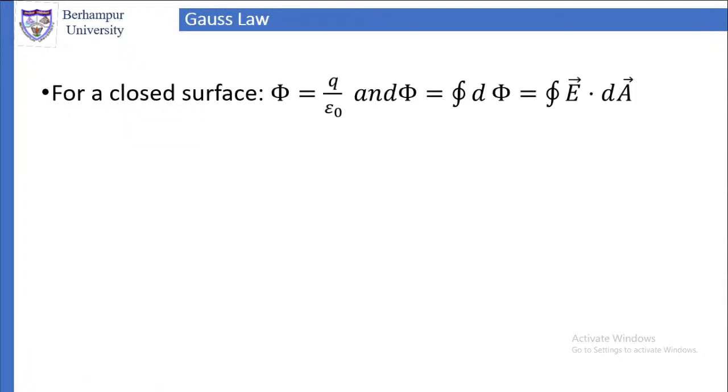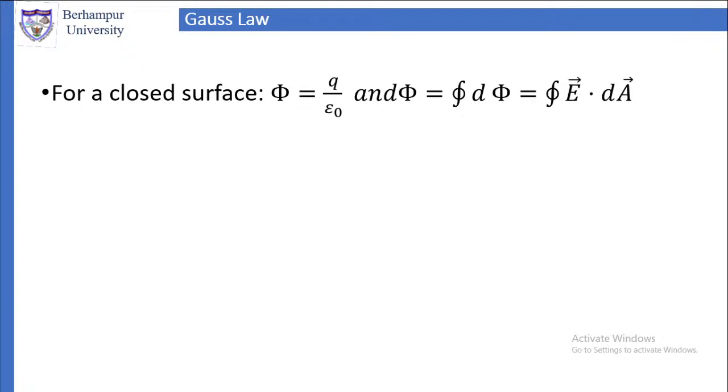And now we know two things for a closed surface. If the closed surface is enclosing a charge Q, then phi, which is the flux coming out of the closed surface or flux going into the closed surface, is equal to Q by epsilon 0. So that is one thing that we know.